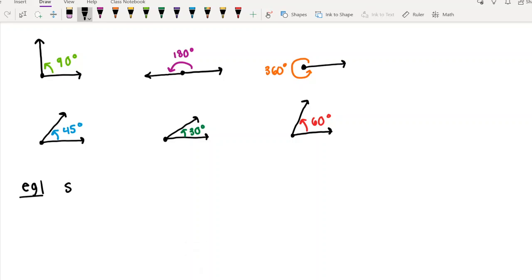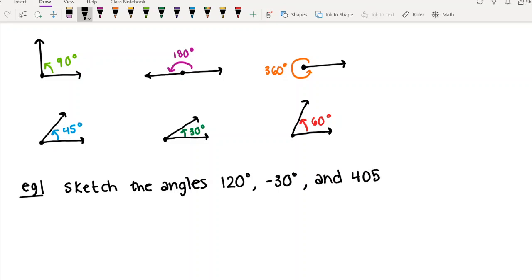Sketch 120 degrees, negative 30 degrees, and 405 degrees.